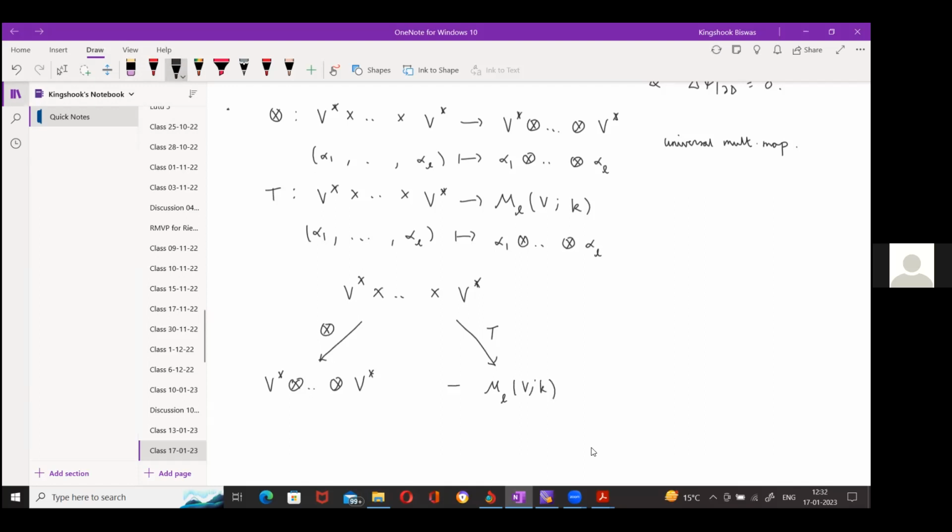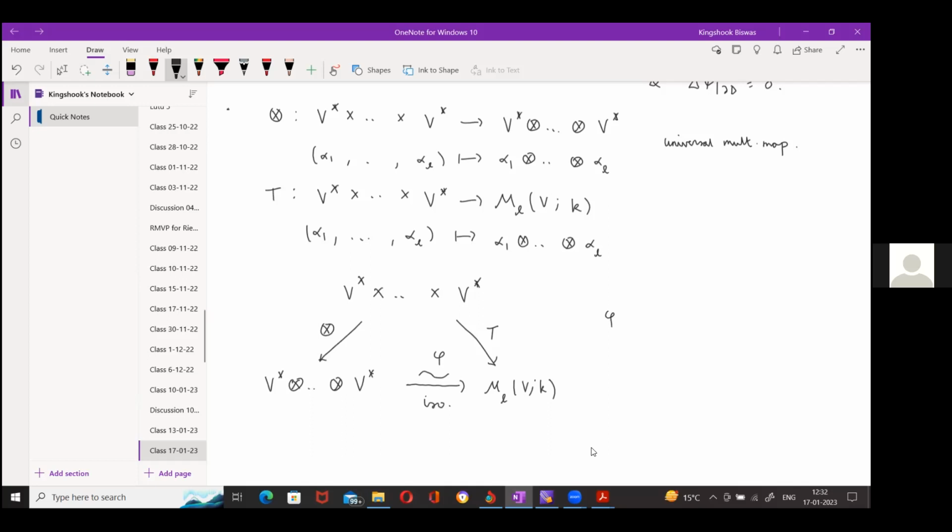And then we've shown that there is an isomorphism here, phi, so that this diagram commutes, right? Since on the left-hand side this is a universal multilinear map, that also implies, because this map phi is an isomorphism, that this T is also a universal multilinear map, right?